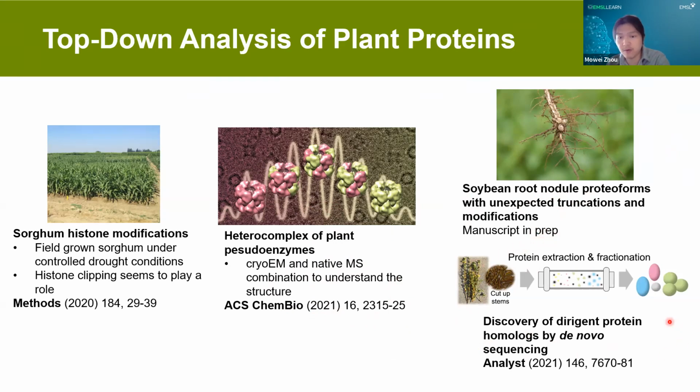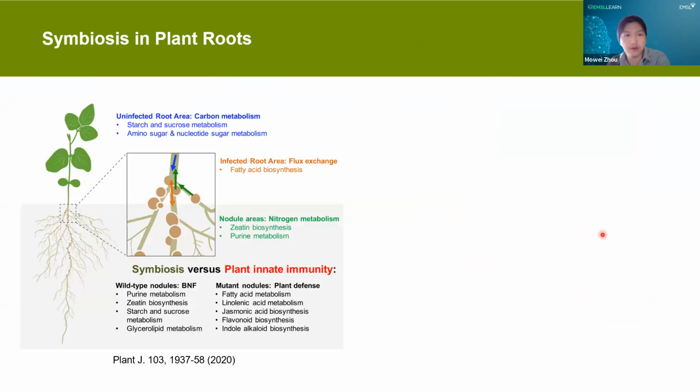The other is recently published data, but I also want to talk about something that was not highlighted in the publication, where we purify some proteins from plant stems and try to sequence them without having the full genome of the plant. I'll start with the soybean nodule project as the first example.